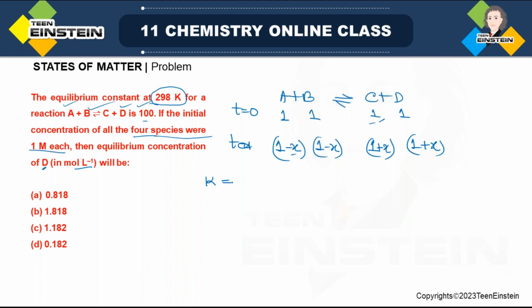Now we will write the value of equilibrium constant, and here it is concentration of C, D, A. Stoichiometric coefficient all are 1.